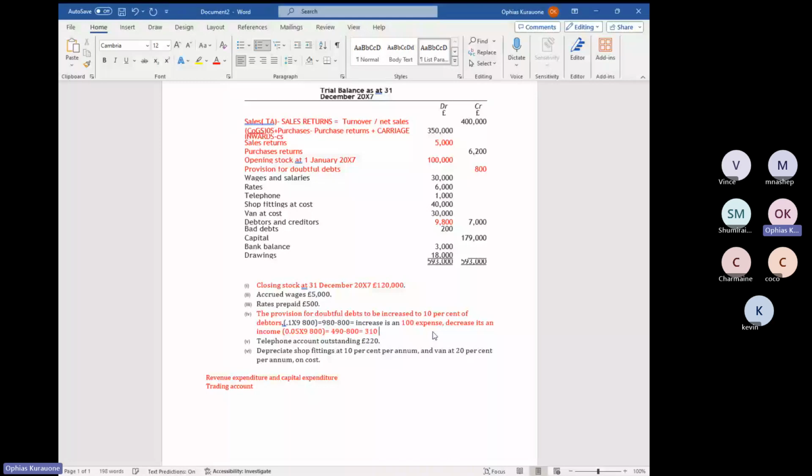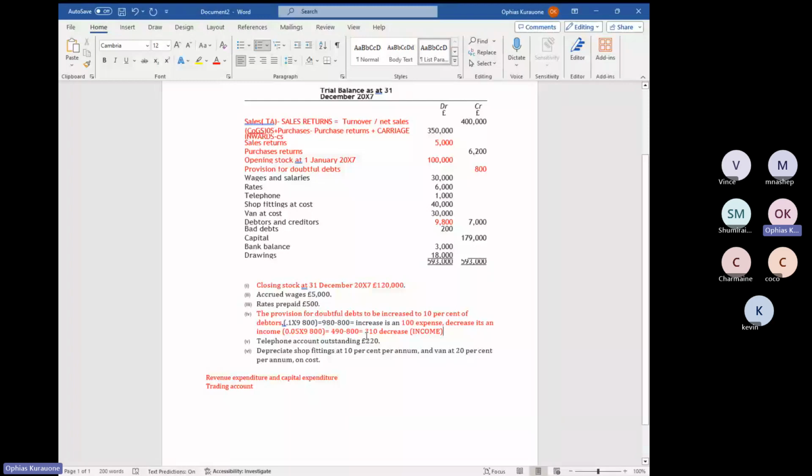So a decrease is an income. So this one should be added on other income. If you get a decrease, it means other incomes, you add provision for doubtful debts, it means there is income.